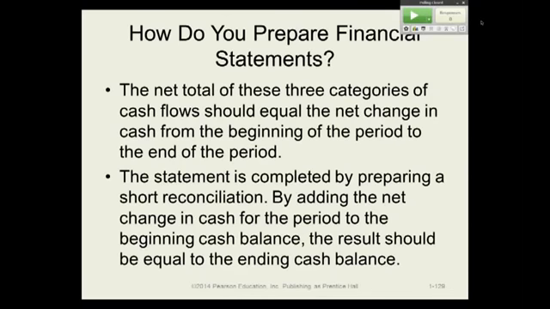You'll have cash coming from operating activities, investing, and financing. The total, when you add those up, that becomes the change in cash.